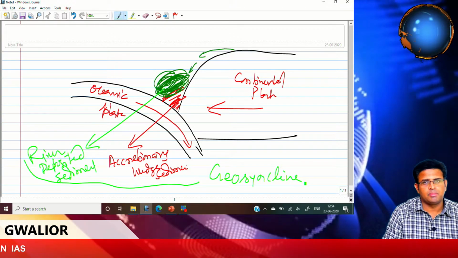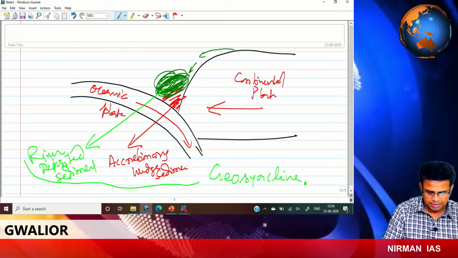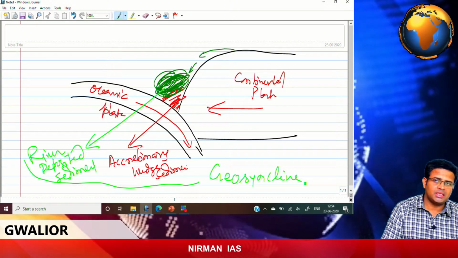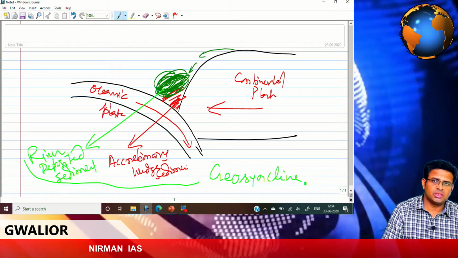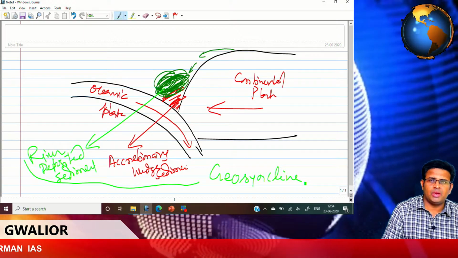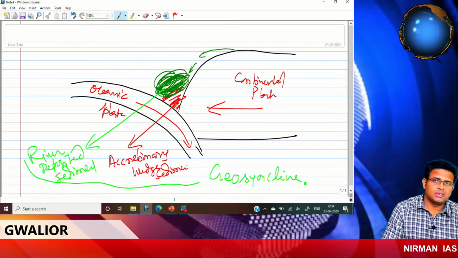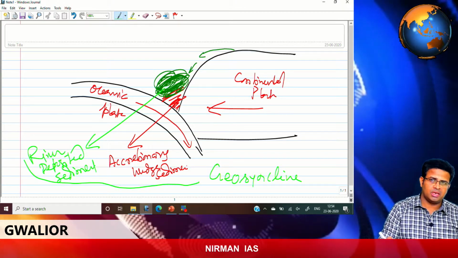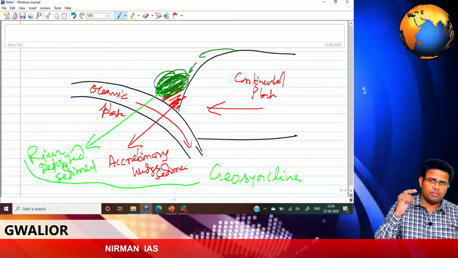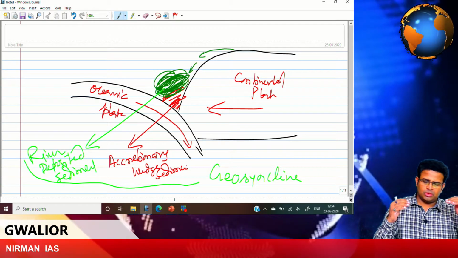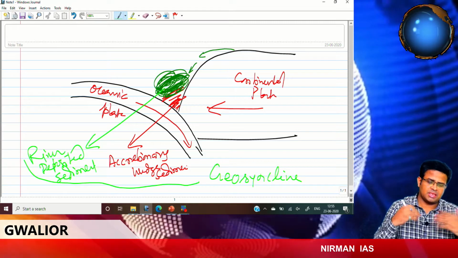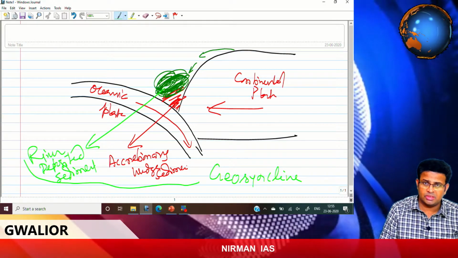Now perhaps this point must be clear to you, what is geosyncline. It is also clear that when one oceanic plate and one continental plate are converging, the denser oceanic plate will subduct below the less dense continental plate. When the oceanic plate is subducting, there will be some scratch, and that has caused accretionary wedge sediment.